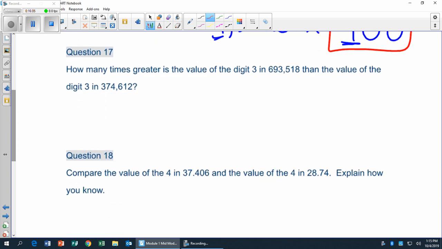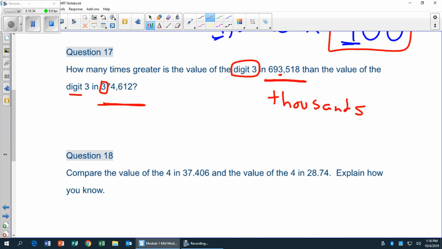Question 17. How many times greater is the value of the digit 3? So here it is. Then the value of the digit 3 in here. How many times greater is the 3 in here? And then the 3 in here. So here, the 3 is actually in a smaller spot. It's in the thousands spot.